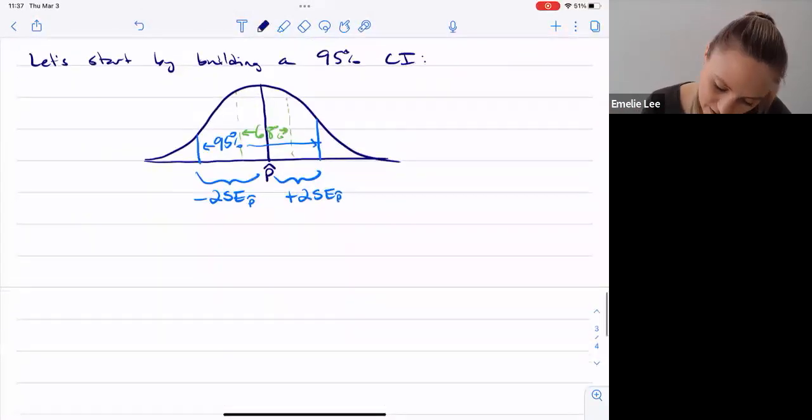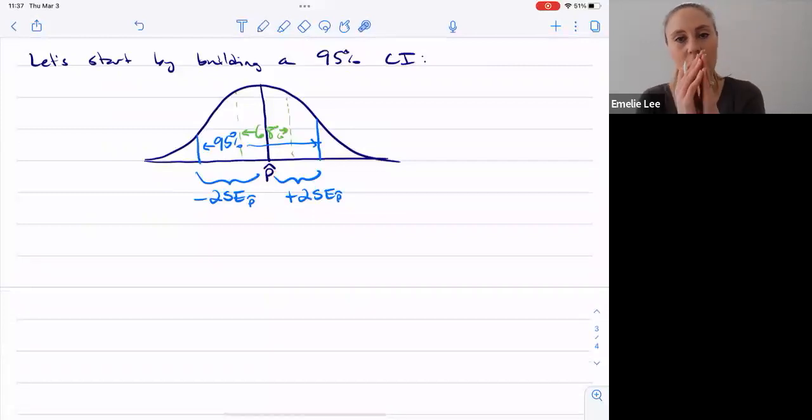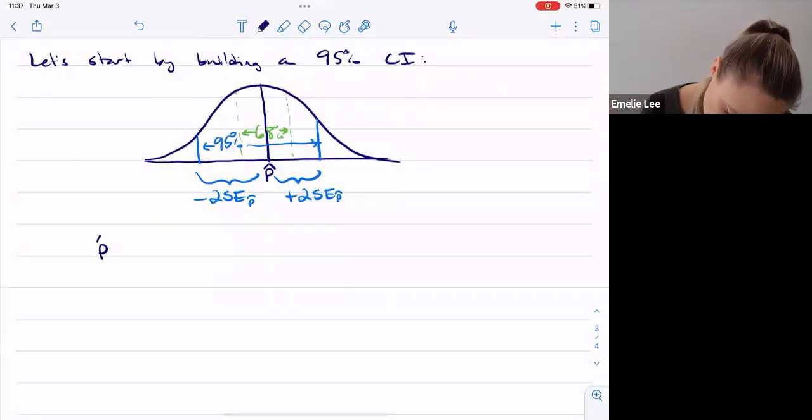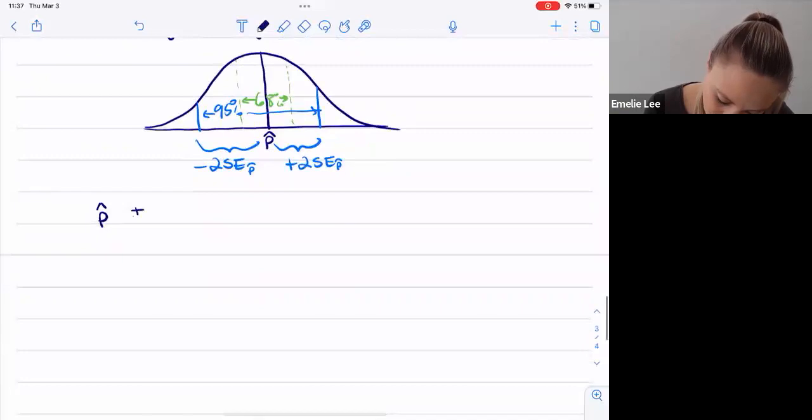If I start in the center, then I'm going to go an equal distance around, so plus minus. Then I get p hat plus minus 2 times the standard error of p hat.